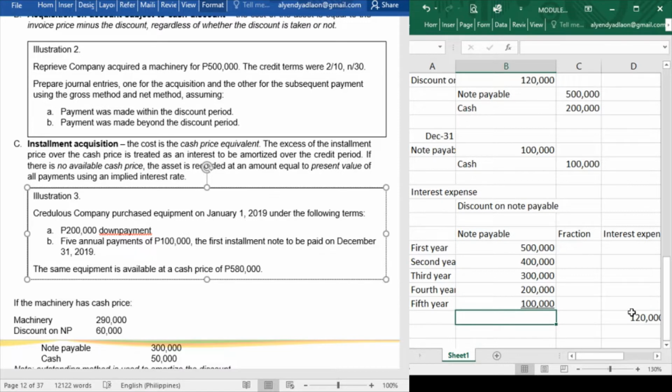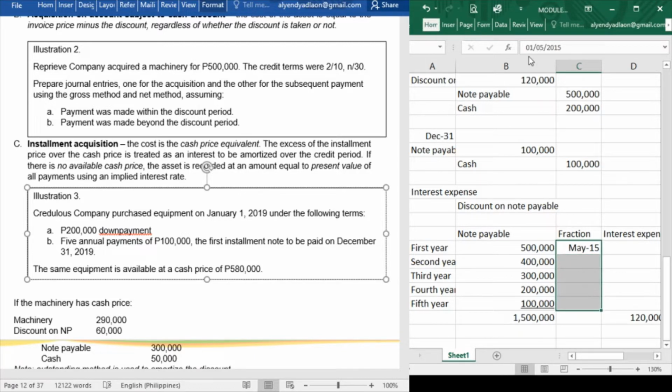So for the note payable, if we add 500 plus 400 plus 300 plus 200 plus 100, that is 1,500,000.